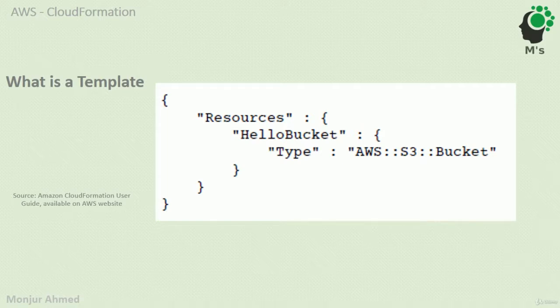So this is a very simple view of a template where we are asking CloudFormation to allocate a resource, which is a bucket, and we are giving the name hello bucket.